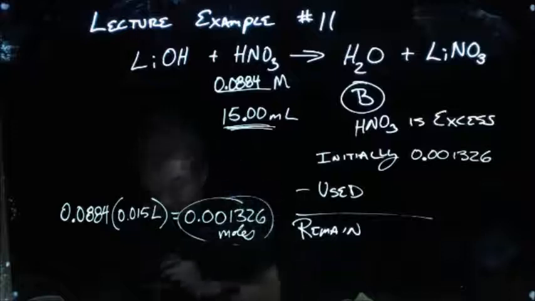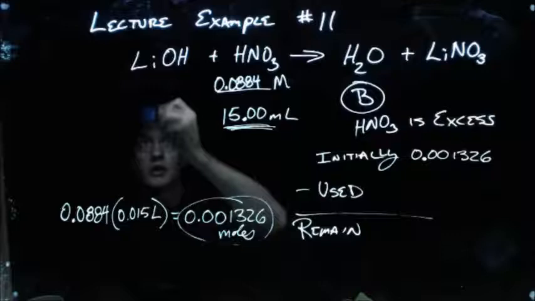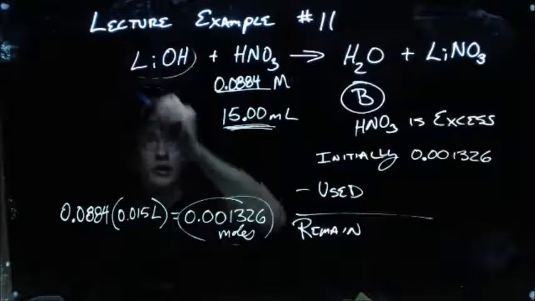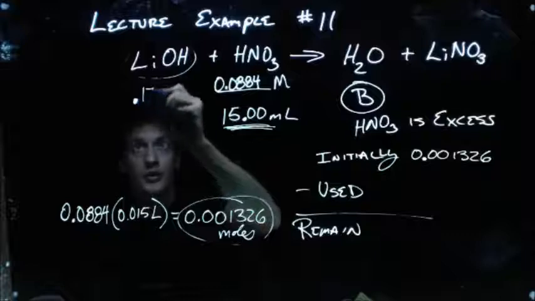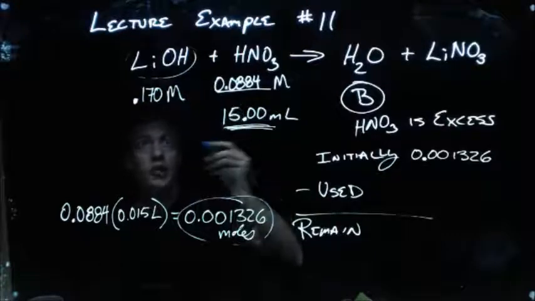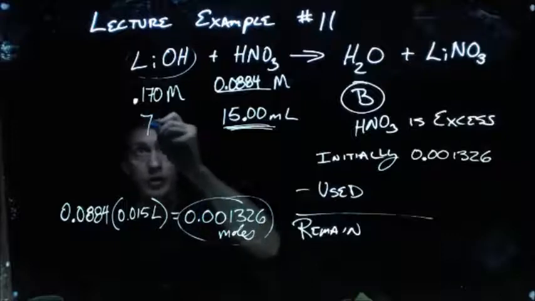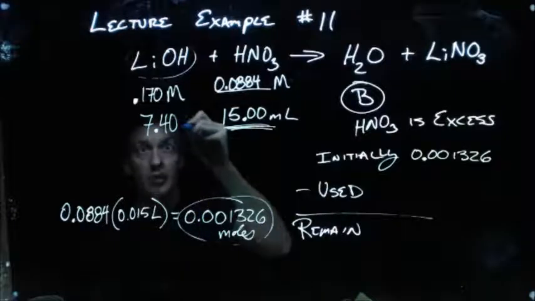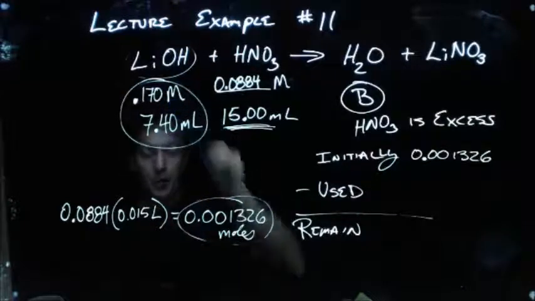Now, how much is going to get used up? Well, here we know now that the lithium hydroxide still has the same concentration. It's 0.170 molar. But we're not using the 7.8 milliliters from part A, we're only using 7.4 milliliters. So we need to determine how many moles that is.